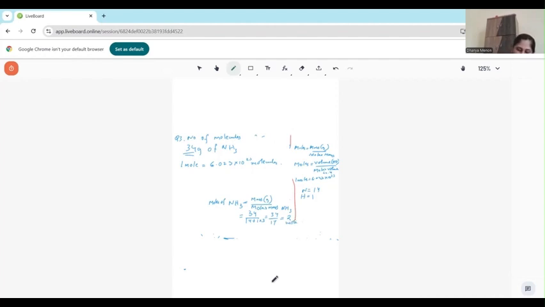Now, coming back to this information, 1 mole contains 6.023 times 10 raised to 23 particles, or molecules in this case, molecules of ammonia, right? Because we know it, we just write it as molecules.